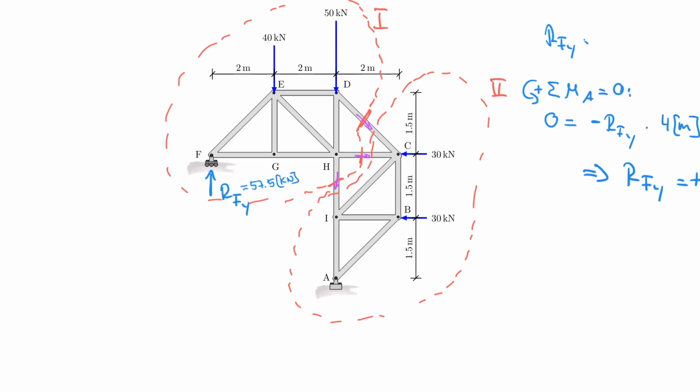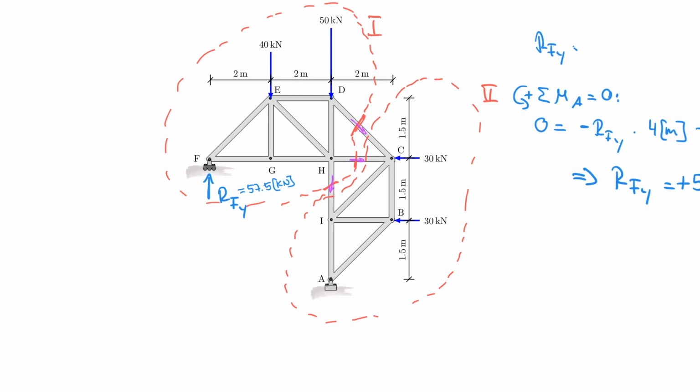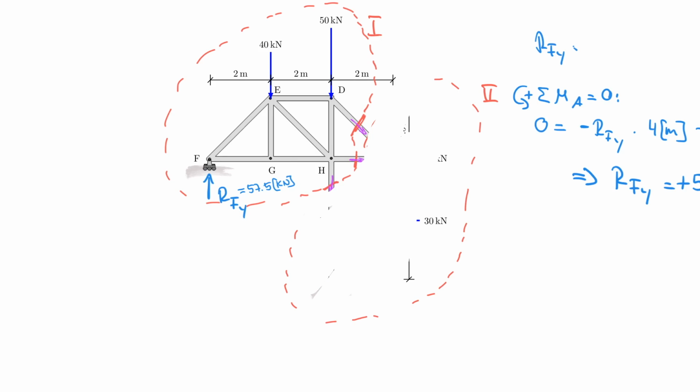So I can now use my cut 1. And in fact, what I will do, just to make my life easy here, I'm going to erase the other part of the structure so we can easier see what's going on. So all this is gone. And now I can use my sketch here.